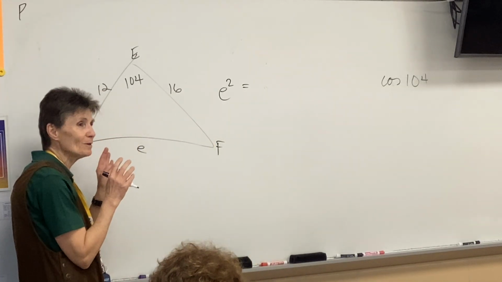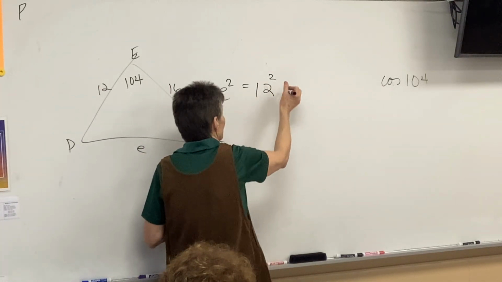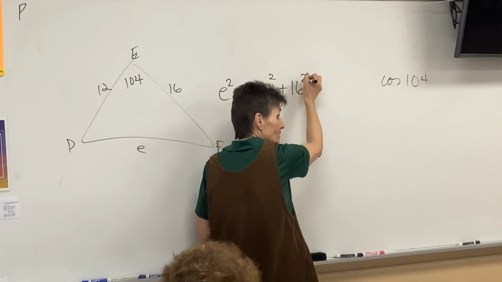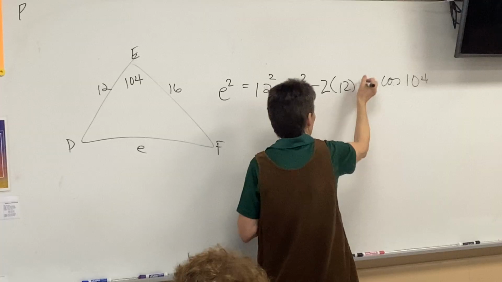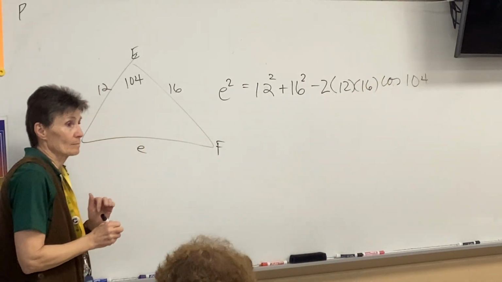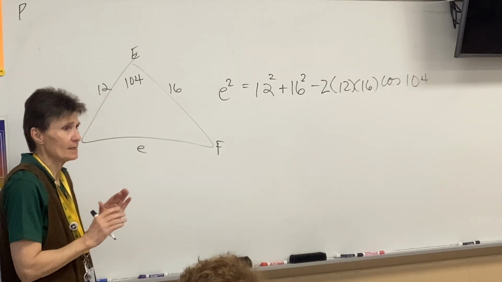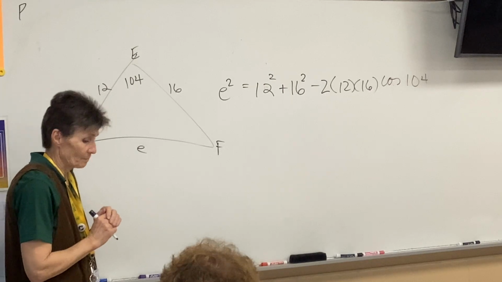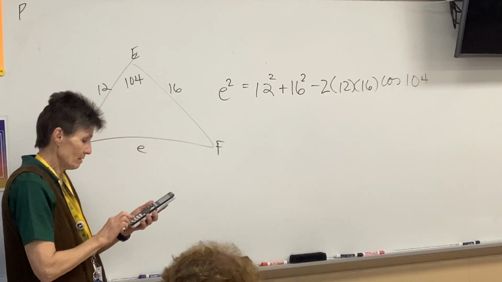Can anybody remember? 12 squared plus 16 squared minus 2 times 12 times 16. I told you to get the hang of it. It is easy. So then I just type that in.